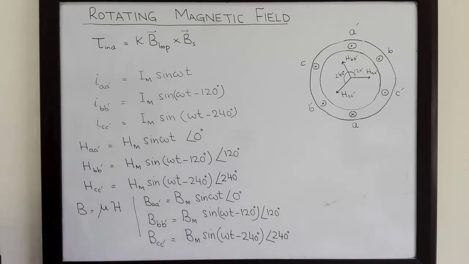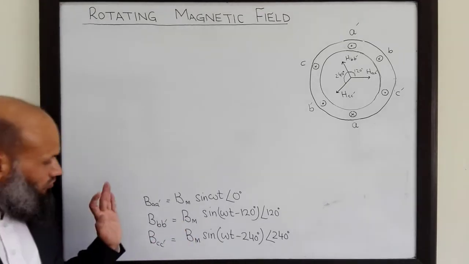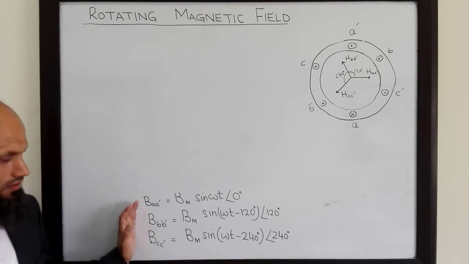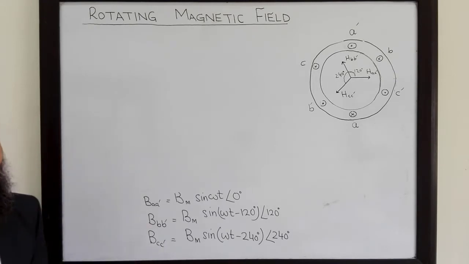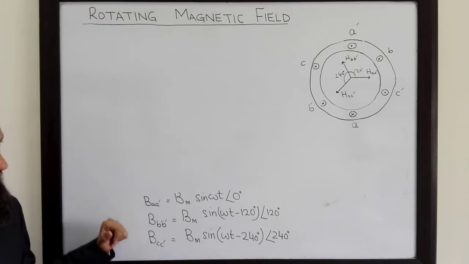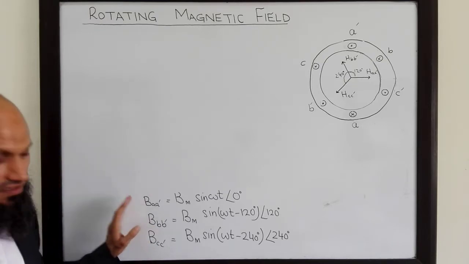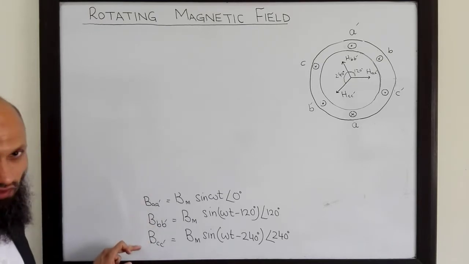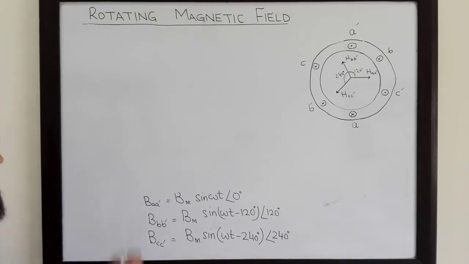So let's show it. Before going to more mathematical and analytical calculations, we do it in a simple way. We find the vector sum of these flux densities at different time instants.